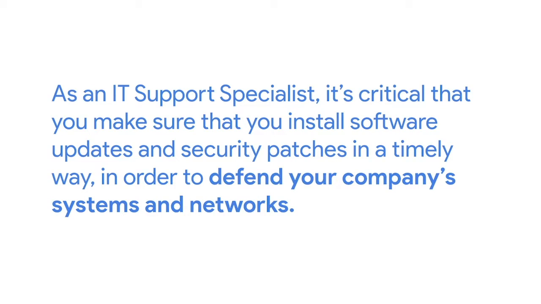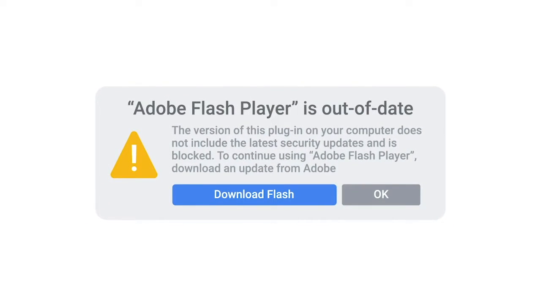As an IT support specialist, it's critical that you make sure that you install software updates and security patches in a timely way in order to defend your company's systems and networks. Software updates don't just improve software products by adding new features and improving performance and stability. They also address security vulnerabilities. There are some software bugs that are present in the core functionality of the software in question. This means that the vulnerability can't be mitigated by disabling the vulnerable service.